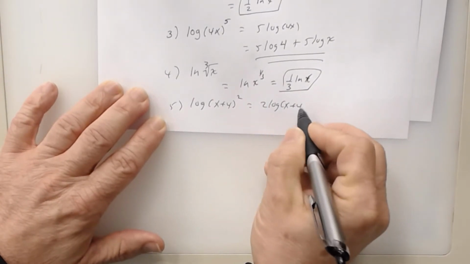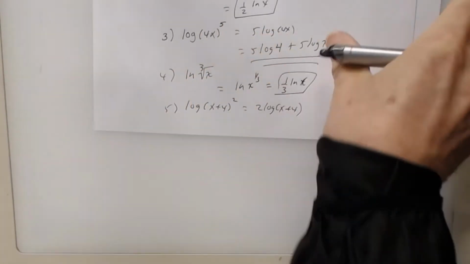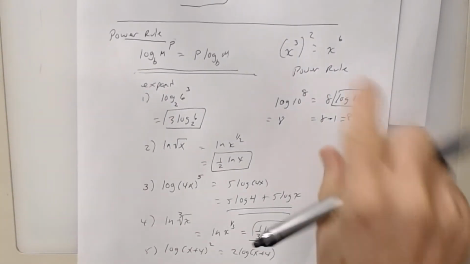Now, here's a mistake people make. First of all, do you understand that you can take an exponent and write it as a product? So we're using the power rule. You're going to take that power and write it as a product, just like when we talked about a power to a power.